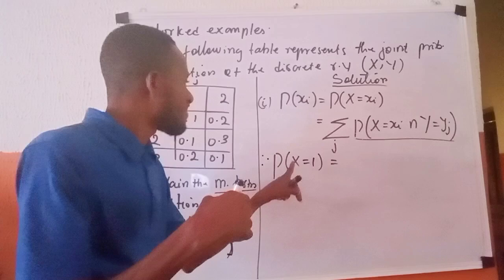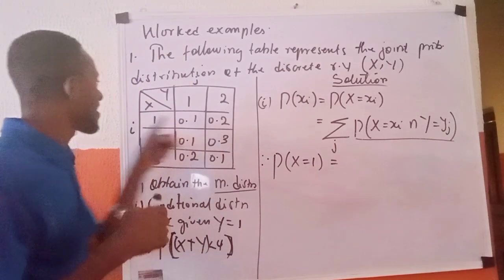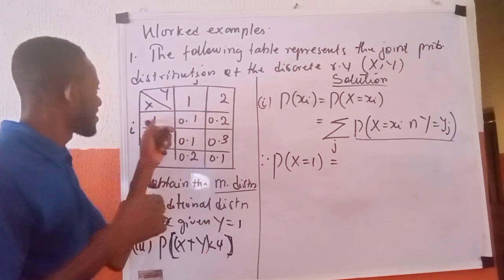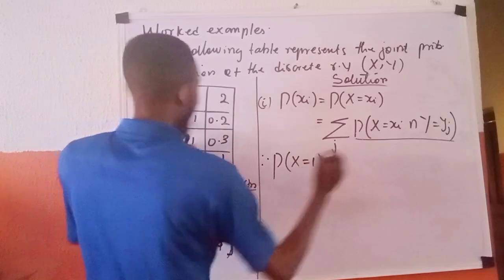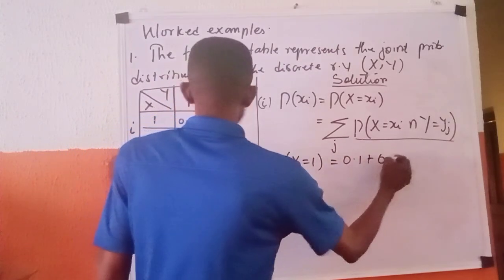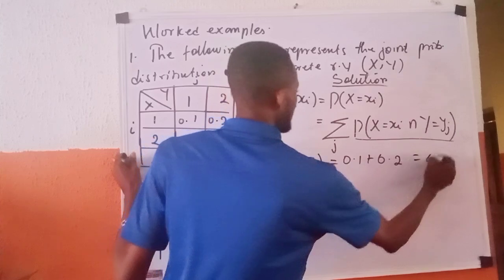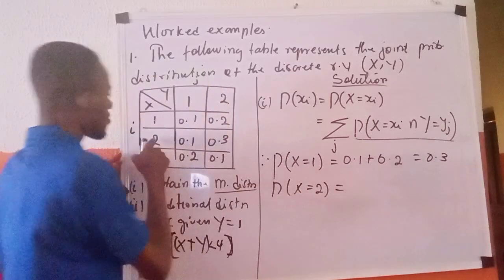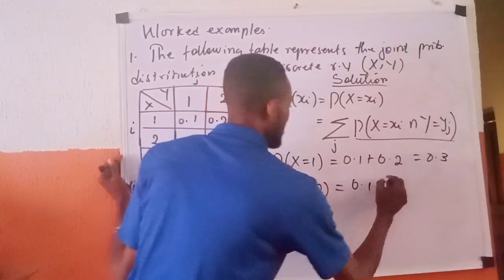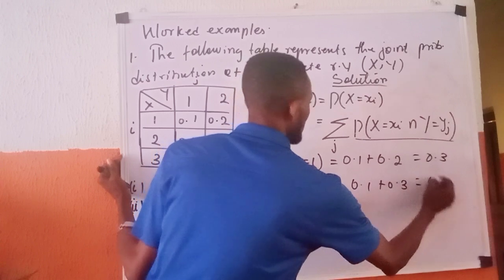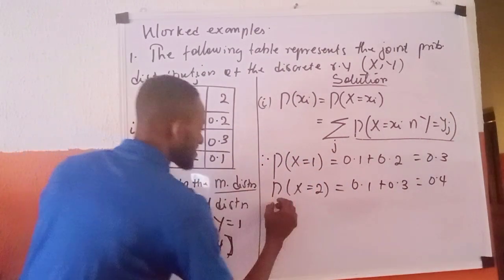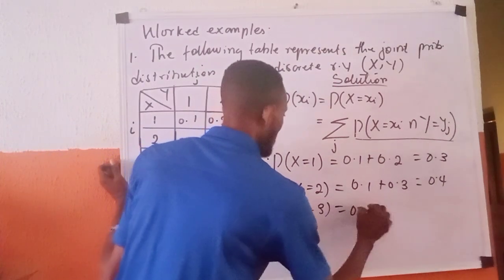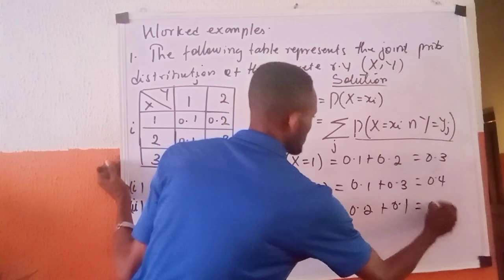At this point where x equals 1, I sum all these probabilities over j, which is 0.1 plus 0.2, giving 0.3. Then P of x equals 2: I sum 0.1 plus 0.3, which gives 0.4. Then P of x equals 3: I sum 0.2 plus 0.1, which gives 0.3.